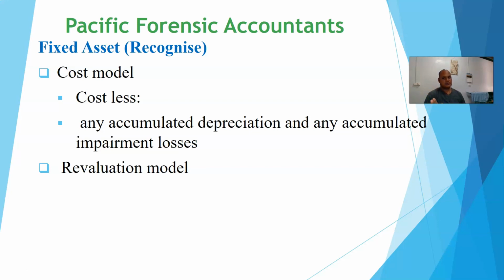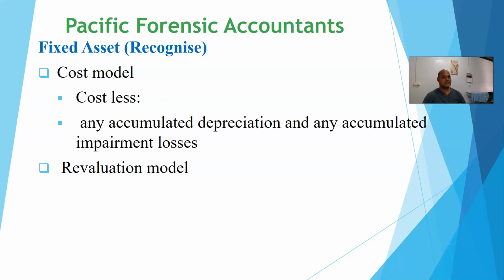One is the cost model. The cost model is nothing other than the cost that we discussed, minus the depreciation, and also any accumulated losses. So it's only three components here: the cost that we already identified, minus accumulated depreciation, as well as accumulated losses.